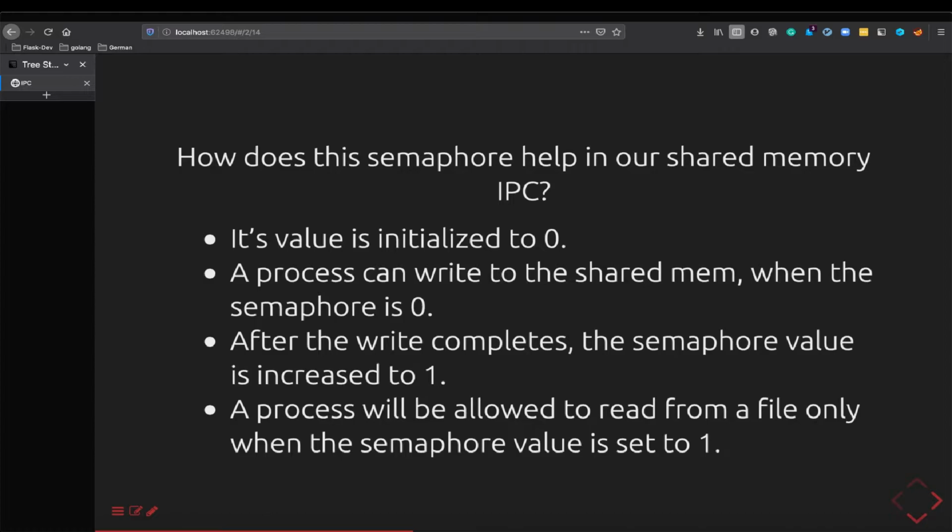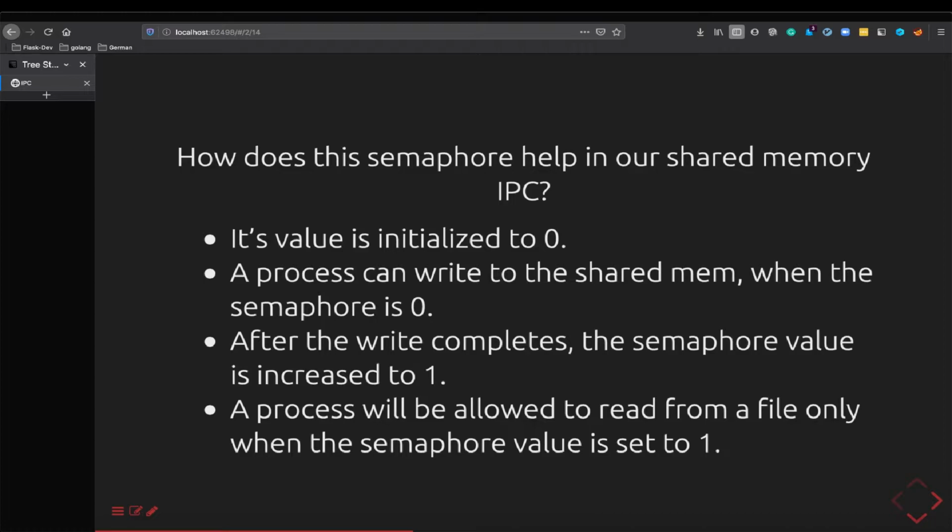Okay, so let's see how this works for us. So again, the semaphore value is initialized to 0. A process is allowed to write to the shared memory only when the semaphore value is 0. Okay, if the semaphore value is 1, we clearly know that only reads are possible, but writes are not allowed when the semaphore value is not 0.